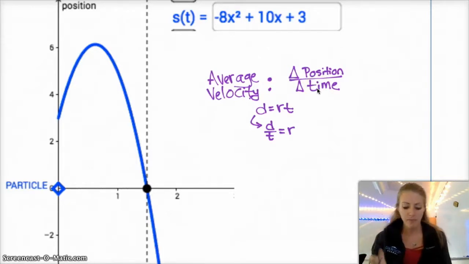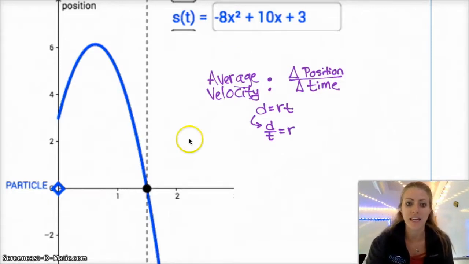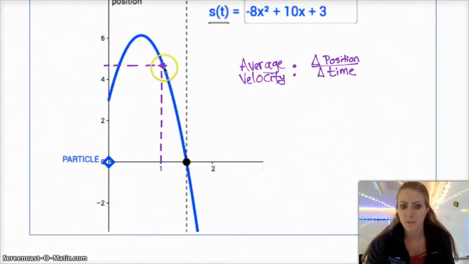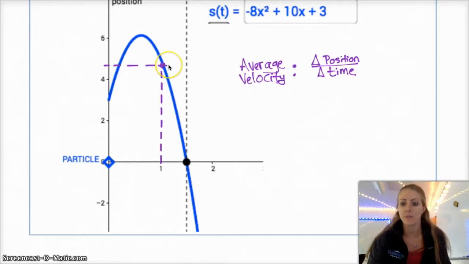Visually on the graph, let's say I wanted to find the average velocity at time equals 1. What's the speed when 1 second has gone by? That would be the speed right here. But the problem is, we don't really know how to calculate the speed at a single instant.